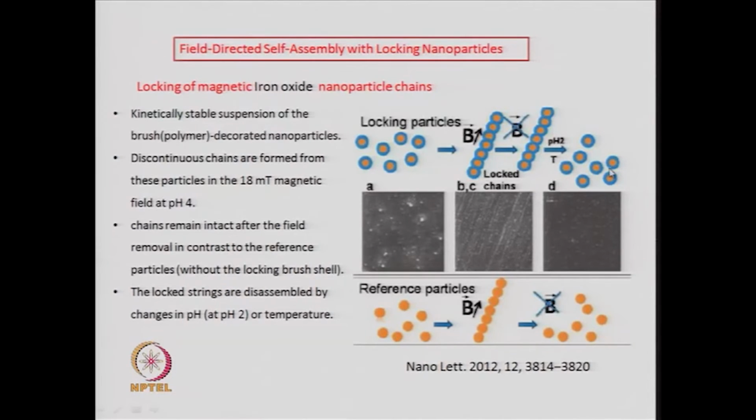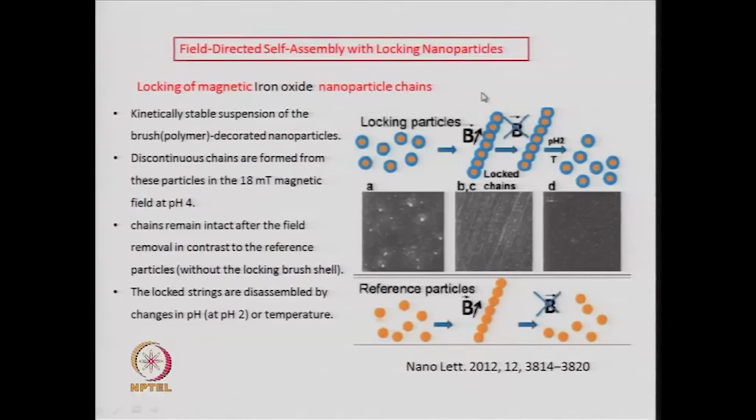Now, you can have what is called field directed self assembly. Field directed can be electric field or magnetic field or some other kind of field, but mainly electric field and magnetic field, which have a reasonable kind of forces, can generate forces for this kind of self assembly.